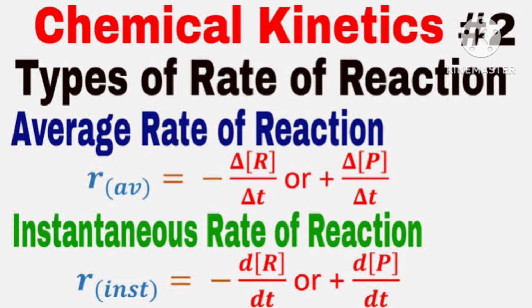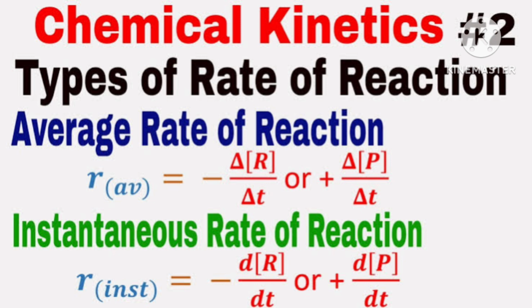This is the way to write it: mole per liter per unit time. But time generally will be in seconds. So the correct unit will be mole per liter per second.